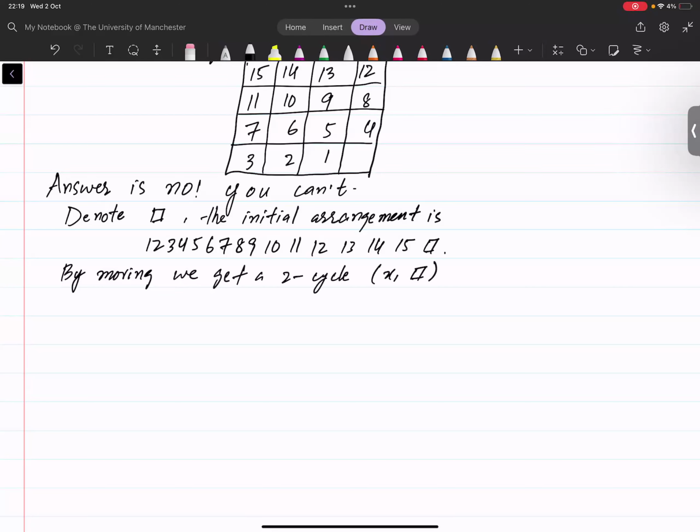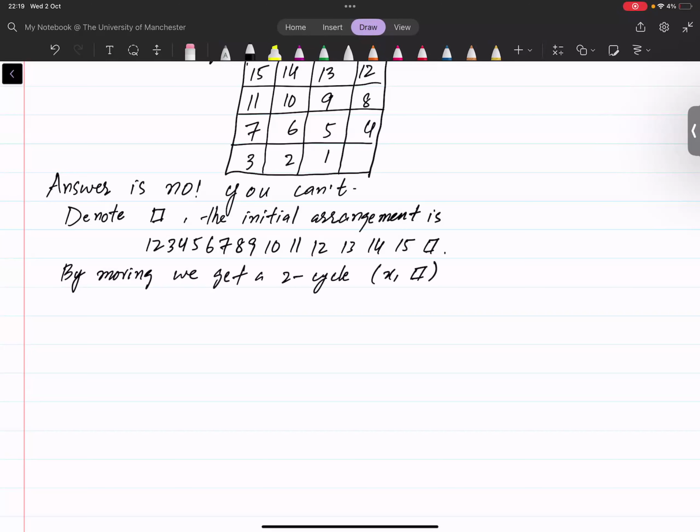Now, if we do a sequence of moves and end up with an arrangement with the empty box in its original place, then the empty box must have been moved upwards the same number of times as downwards, and leftwards the same number of times as rightwards. So the total number of moves must be even.